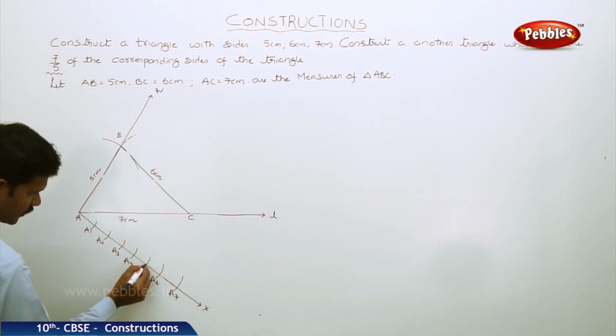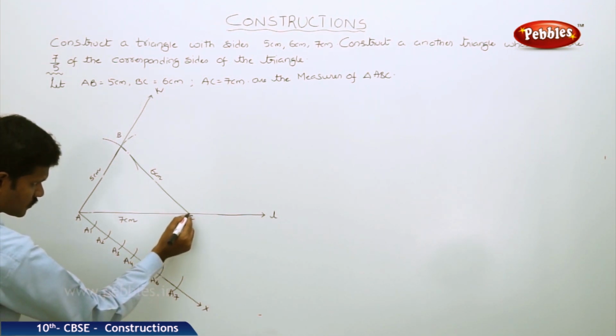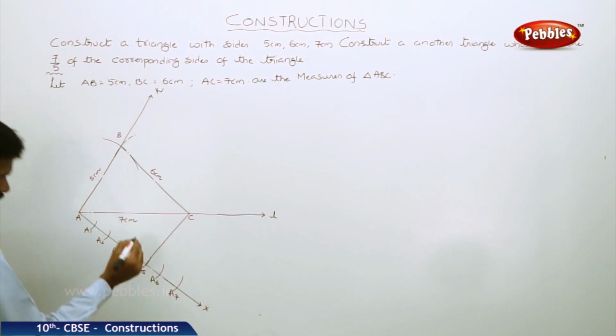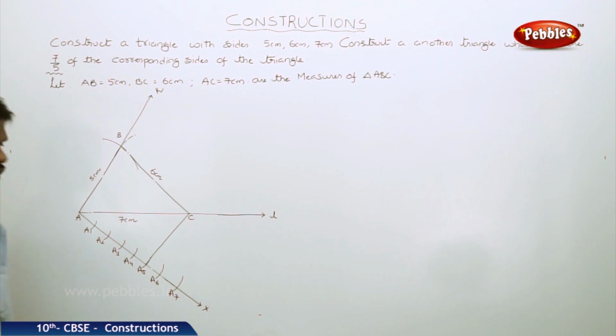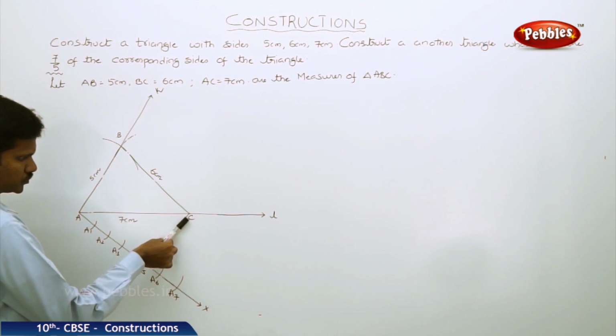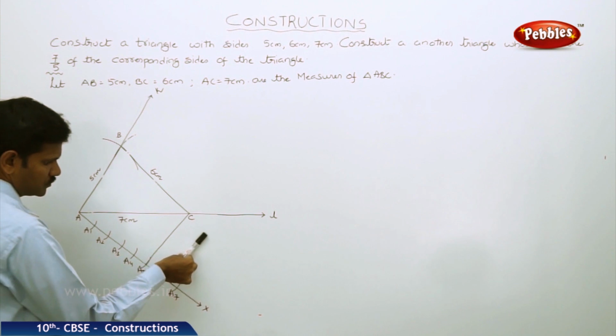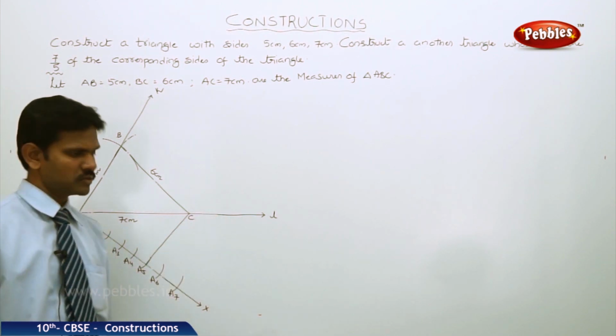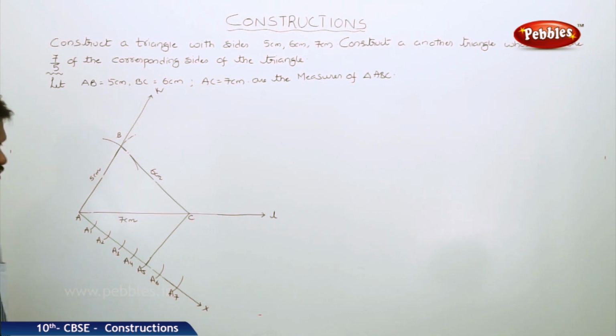Connect A5 to C. Join CA5. Now you have to draw a parallel line to CA5, A7C dash, through A7.